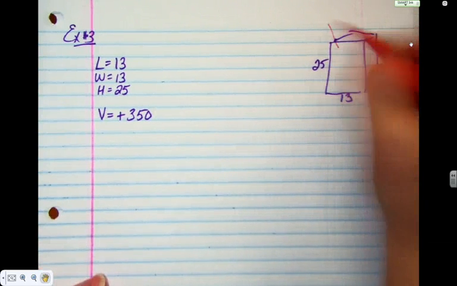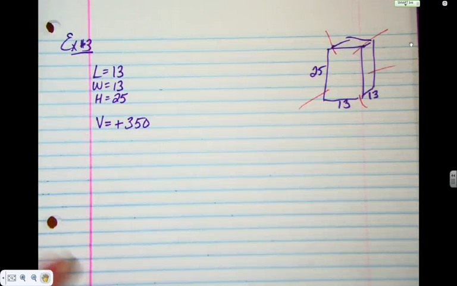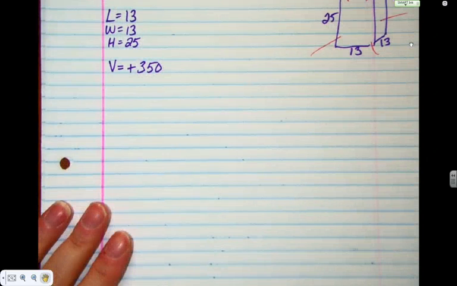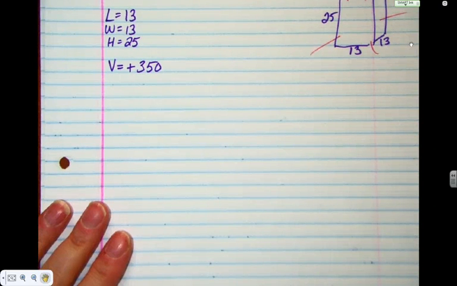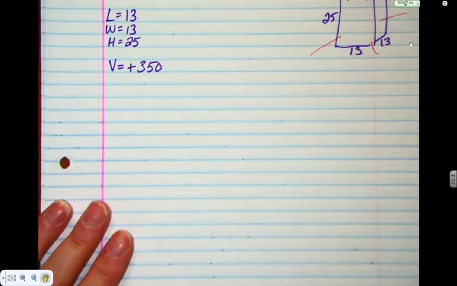And we somehow are going to make this thing bigger because we want to add 350 to it. How are we making it bigger? We're increasing each dimension by the same amount. That's what it says in the question. We're increasing each dimension by the same amount. Well, what's that amount we're increasing it by?